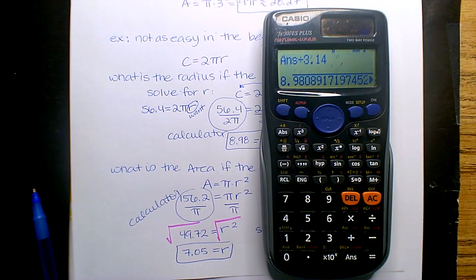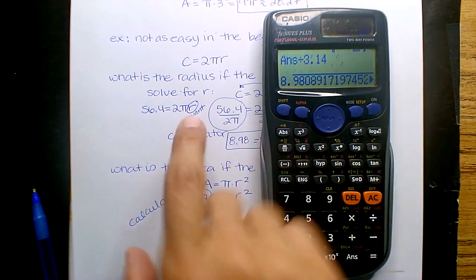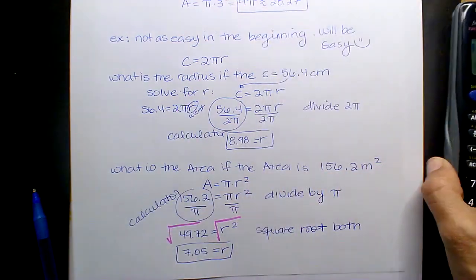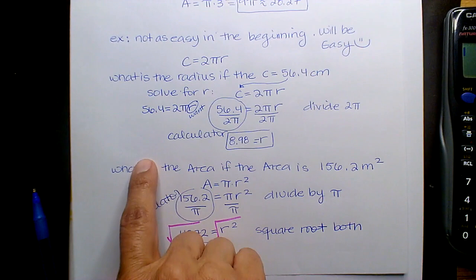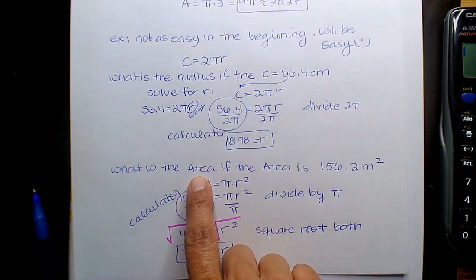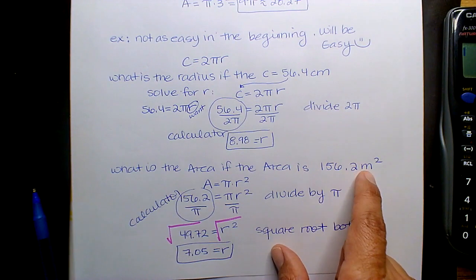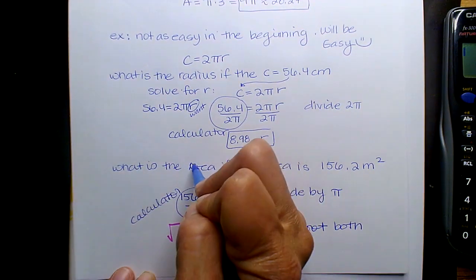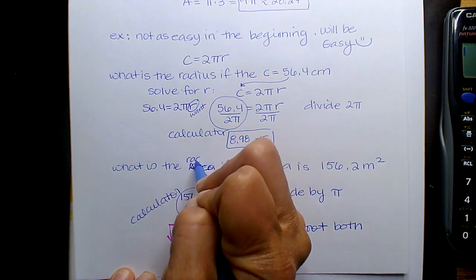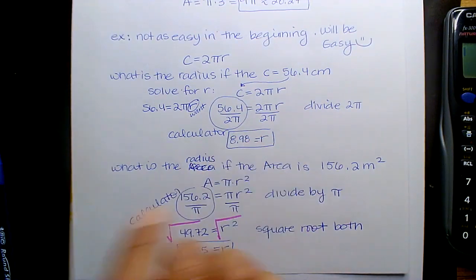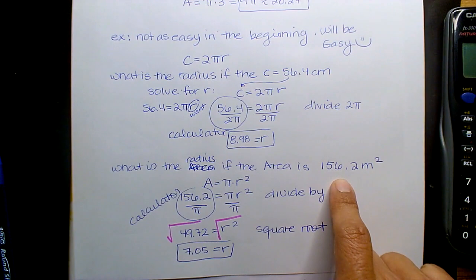Okay, so that's find the radius given the circumference. Then what's the next one? What is the radius if they give you the area value of 156.2 meters squared? Duh, you're like, that is the area. What is the radius if the area is 156.2 meters?